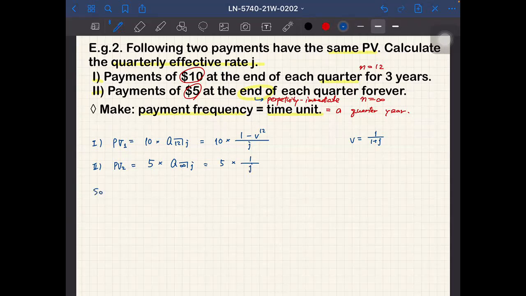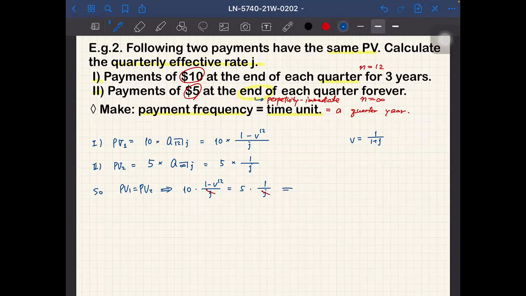So both present values are equal. This implies 10 times (1 minus v to the 12th) over J is equal to 5 times 1 over J. And you can cancel J here.